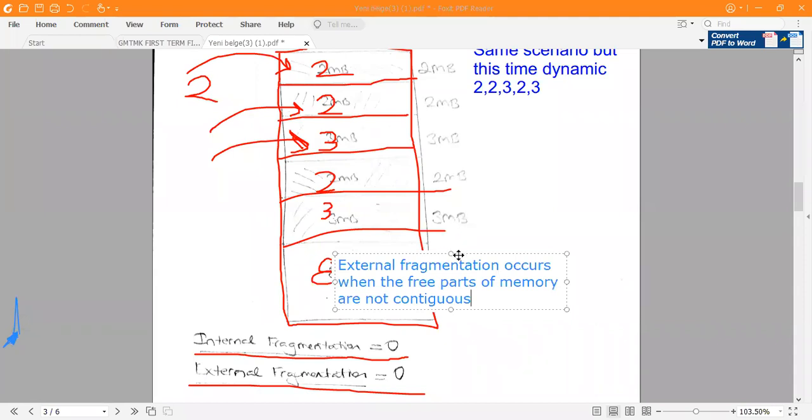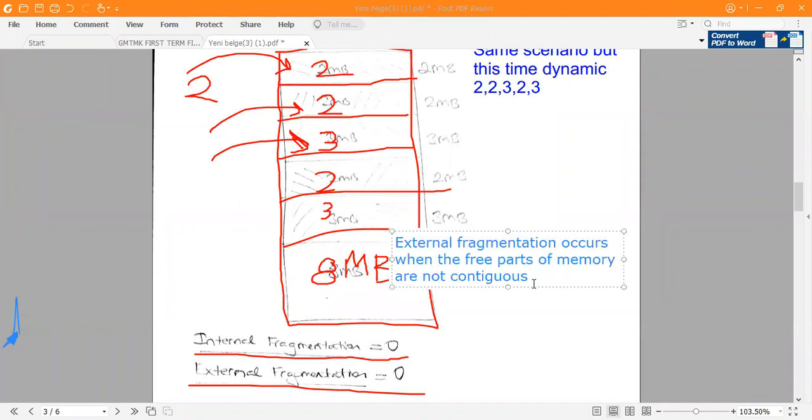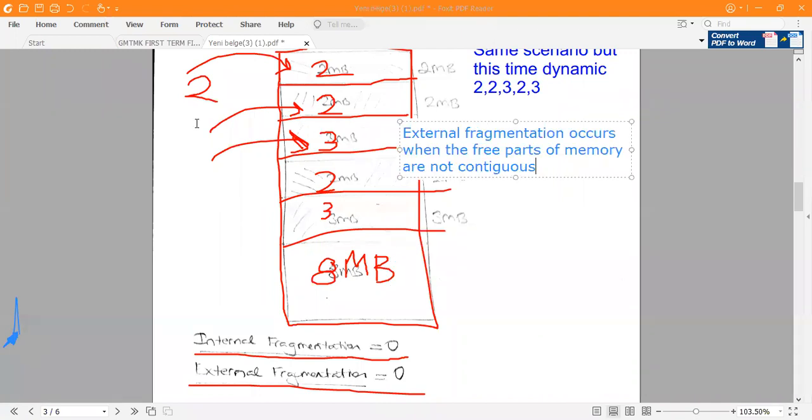Okay. External fragmentation occurs when the free or empty parts of memory are not contiguous. Let me remind you what contiguous is. Contiguous means the empty parts and the processes just come one after the other.